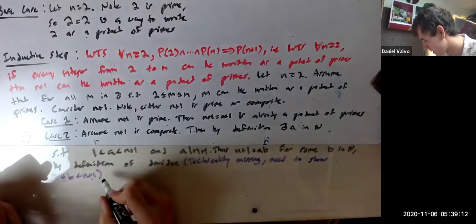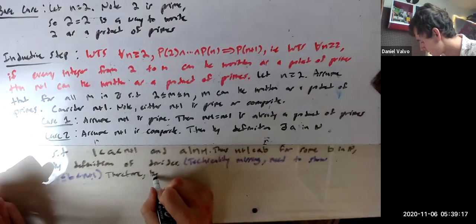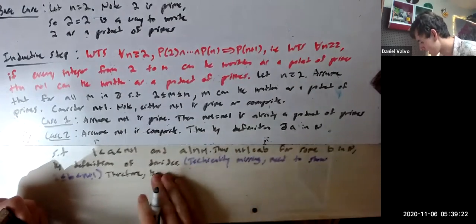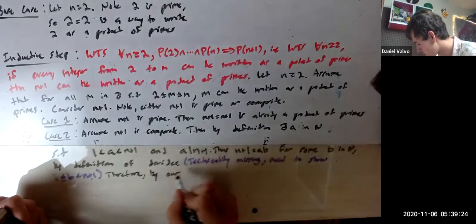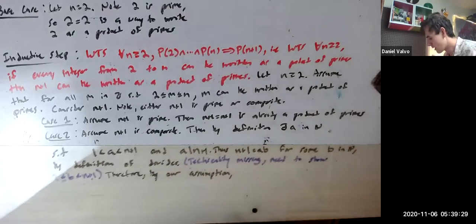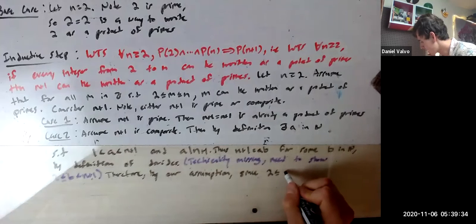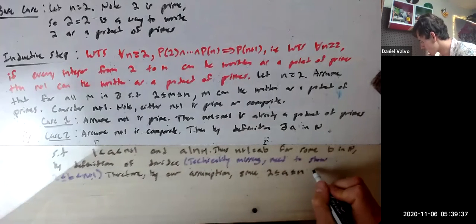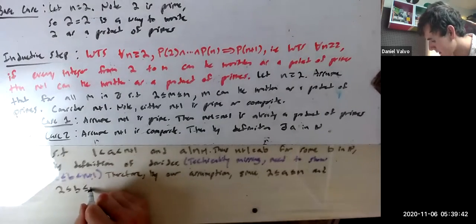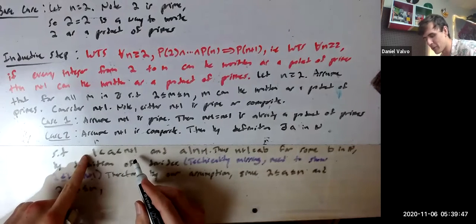So thus, or I'll say therefore, by induction, or by our assumption, since 2 is less than or equal to A, less than or equal to N, and 2 is less than or equal to B, less than or equal to N. And by the way, here I wrote 1 is less than A, less than N plus 1.